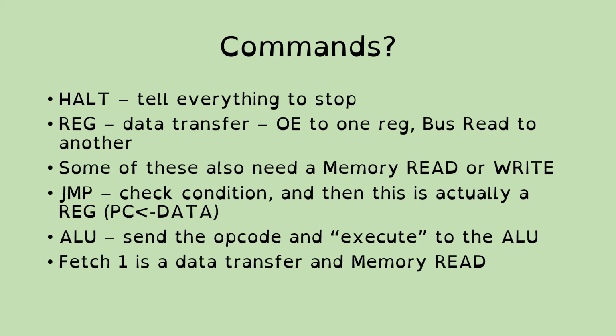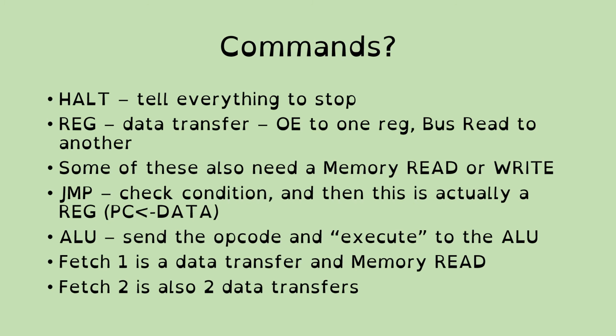So we need to transfer the memory address from the program counter, and then it does memory read. And then the second phase is also two data transfers, where we get the op and the data from their memory banks and put them in the op and data registers.